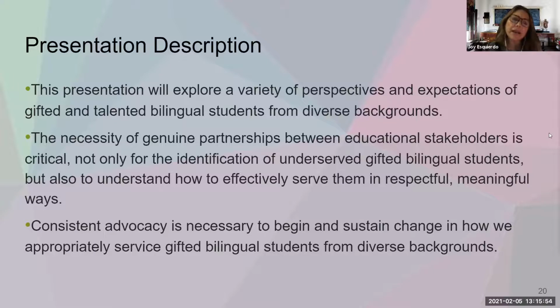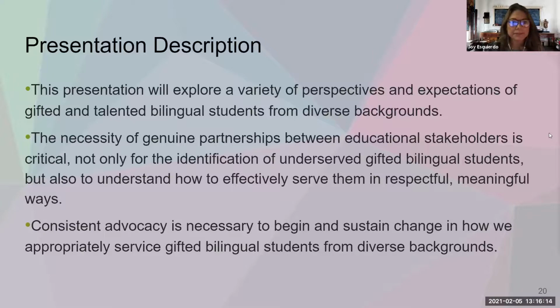And then having this constant advocacy is very necessary to begin and sustain this change in our schools. We've seen the numbers that really show the underrepresentation of our bilingual gifted students. And as we begin to advocate for this change, it's very important that we continue to have these conversations to sustain these types of changes.